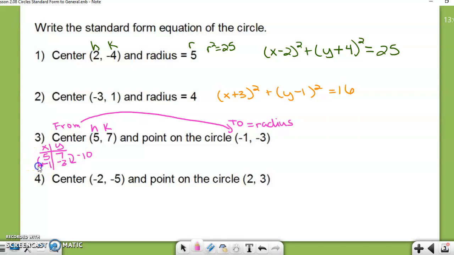That would be my rise. This one over here is going to be my run. And then I'm going to use my distance formula for my radius. It's going to equal the square root of my run squared plus my rise squared.